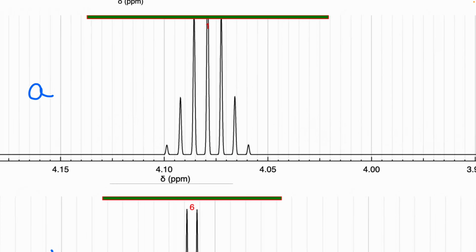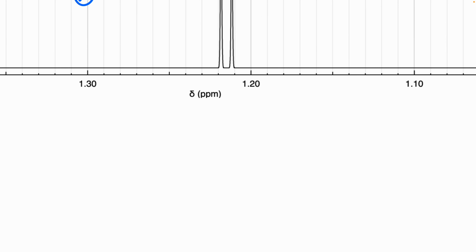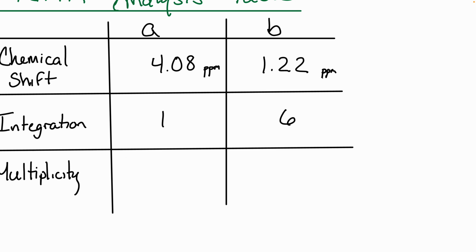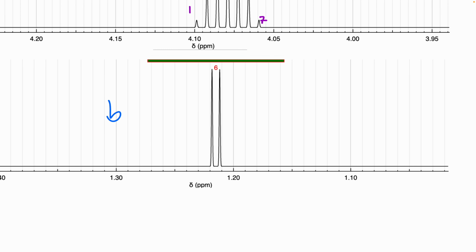All right, and then lastly, what's my multiplicity of peak A? So we zoomed in here so we could see easier. 1, 2, 3, 4, 5, 6, 7. What we call septet, or you can just leave it as the number. So my multiplicity is 7. And then what about peak B? What's my multiplicity? It's a doublet.